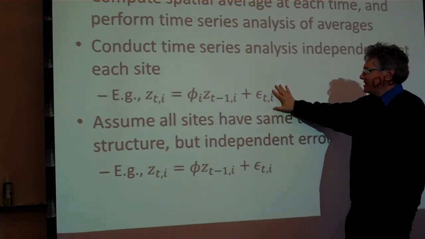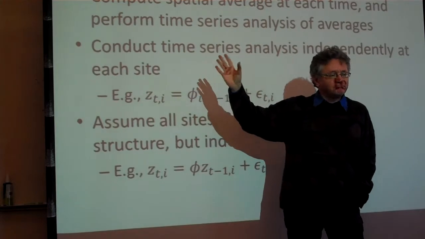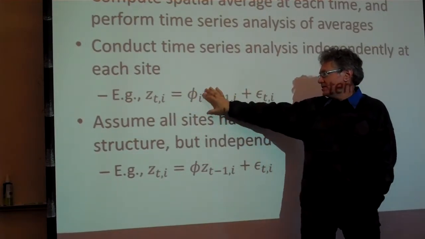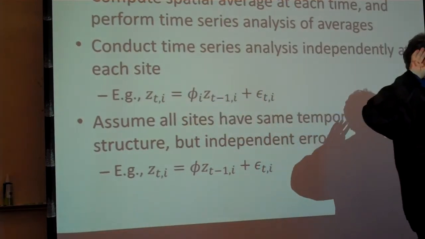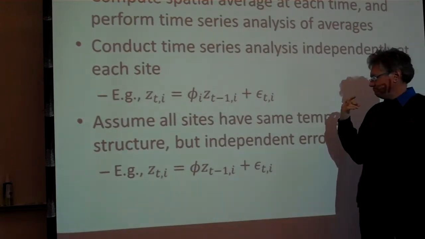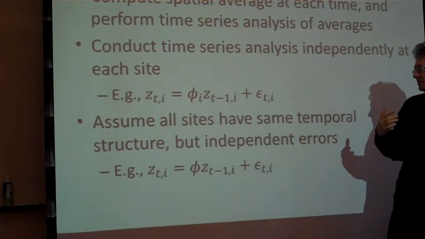So that says basically that site J doesn't tell you anything about what's going on at site I. But if the sites are relatively close to one another and are being governed by the same forces, one might expect that in some aspects they're similar.